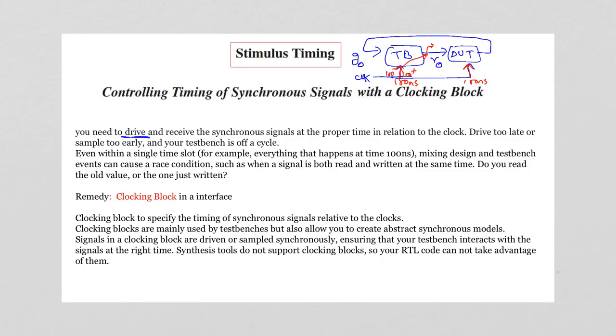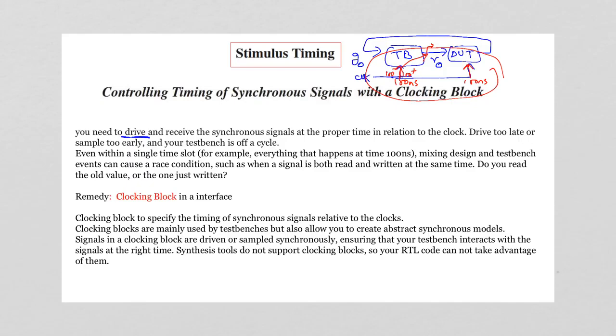Here also, if it is exactly 100 nanoseconds, it may be slightly just before or slightly just after. Depending on that, this DUT may take the old value or the new value. There will be some ambiguity while driving as well as while receiving, that means sampling, the signals. So you must drive as well as receive synchronous signals at a proper time with respect to the clock.